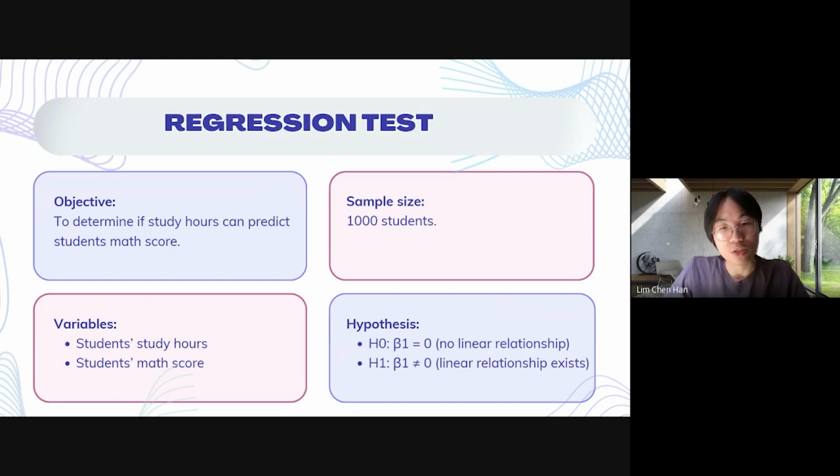So for hypothesis H0, beta 1 equals 0 means that there is no linear relationship between both variables. And H1, beta 1 not equal to 0, means that a linear relationship exists between both variables.